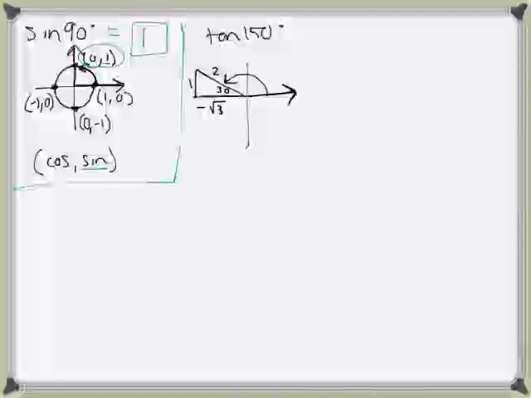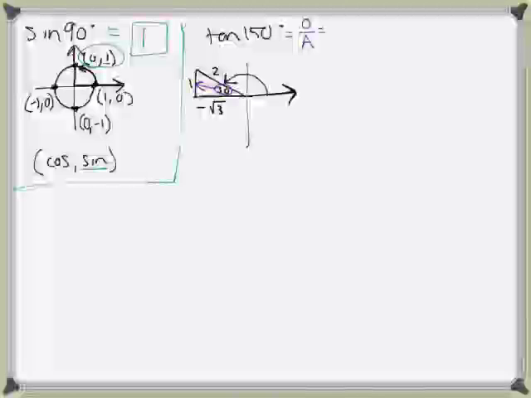Then we need to think about SOHCAHTOA. So for tangent, what was SOHCAHTOA? TOA, so opposite over adjacent. What then, looking at the picture, is opposite of that 30? The 1. Opposite means straight across the triangle.